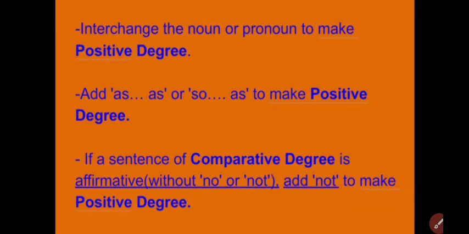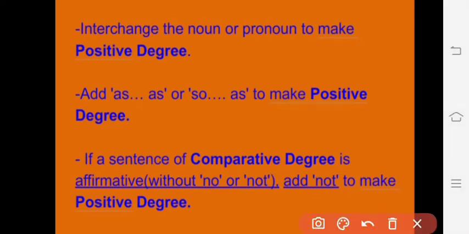Here the same rules are applicable while we convert positive degree into comparative and comparative into positive. Here interchange noun or pronoun, as in positive degree into comparative. In the same way, in comparative into positive, interchange noun or pronoun to make positive degree.